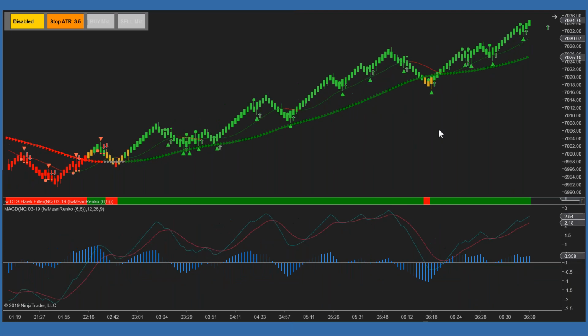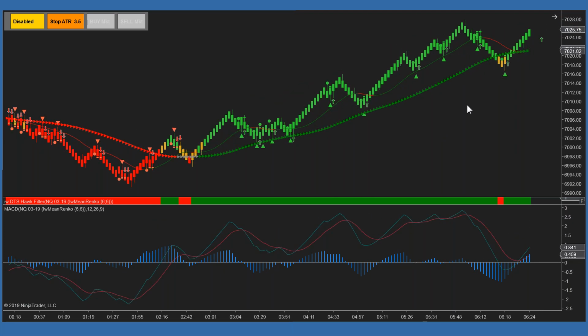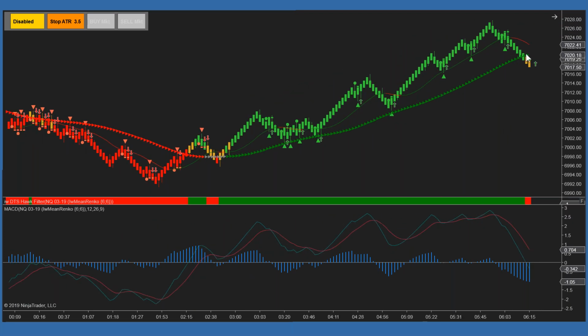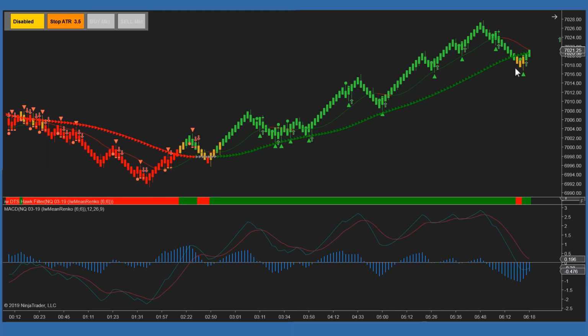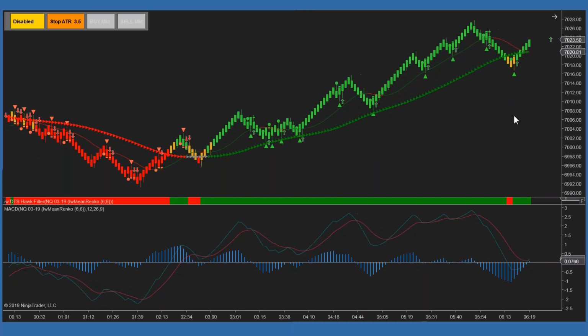Here, let's roll this over so we can pretend it's real time. So this is what it looks like when the signal is forming. You're expecting a macro pullback. And the market comes down, turns into a yellow bar. And so you say, oh, nuts, I missed the trade. It's on a yellow bar.